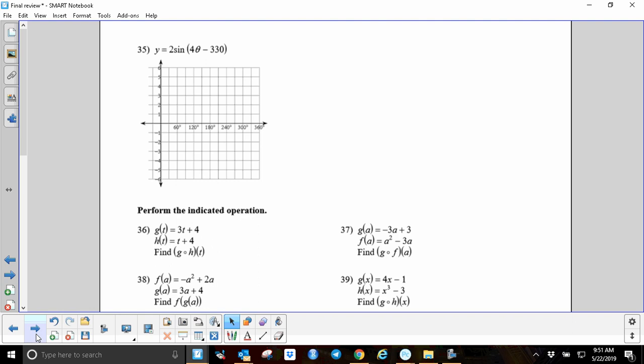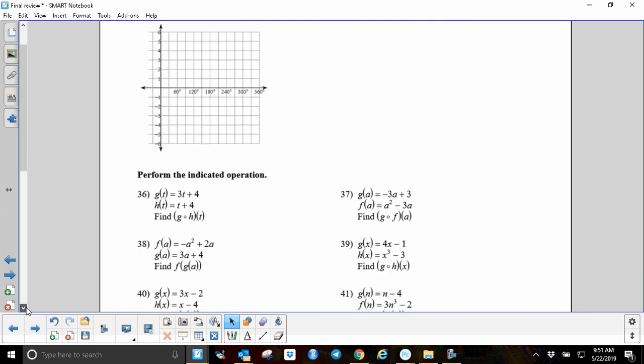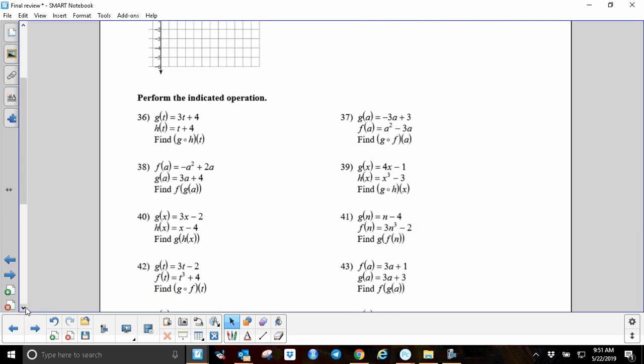Next thing we're going to cover is merged, excuse me, and operations. This is an easy part. You have G and H, and it's asking you to find G of H, or G∘H. So G∘H of T is the same as if you were saying, I have a G, and H of T is going in as an input.